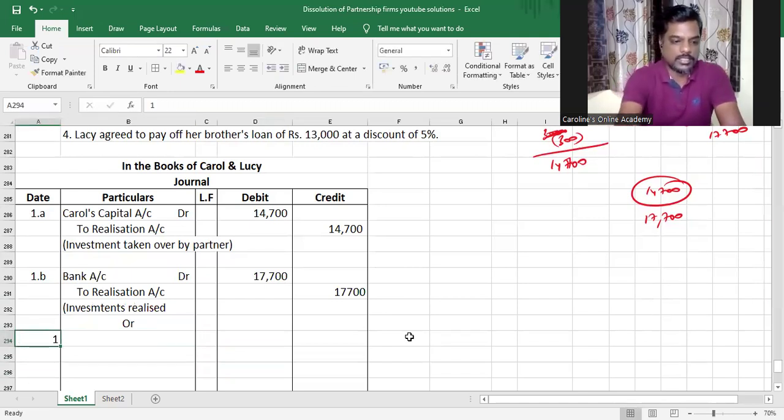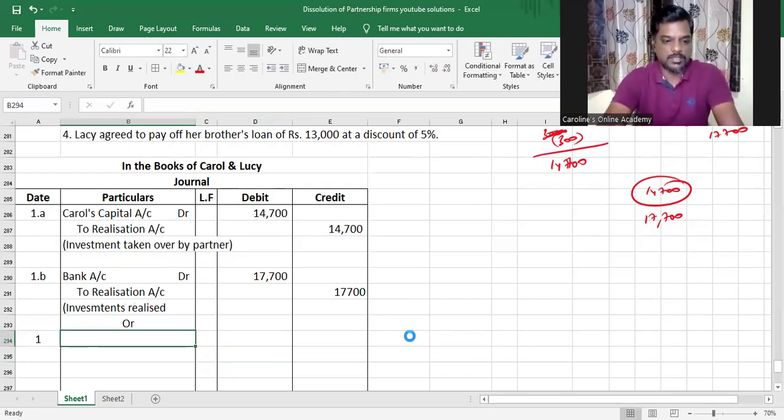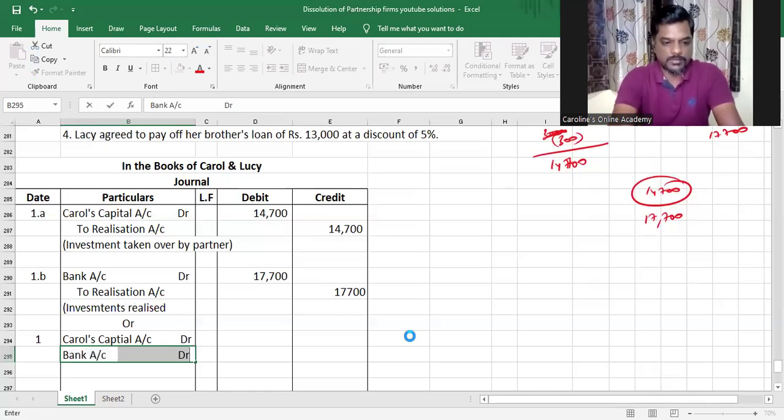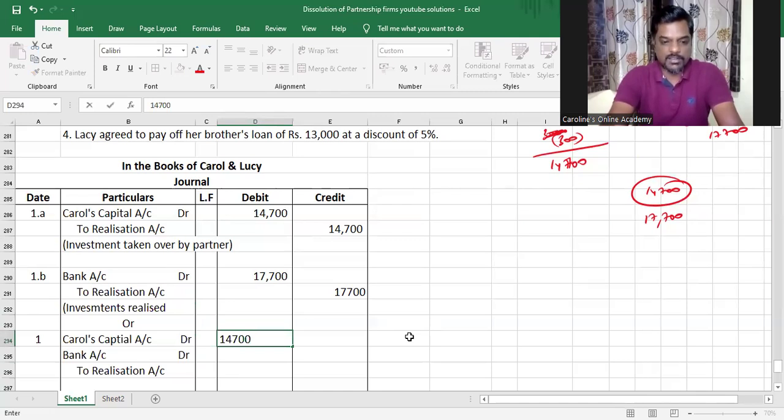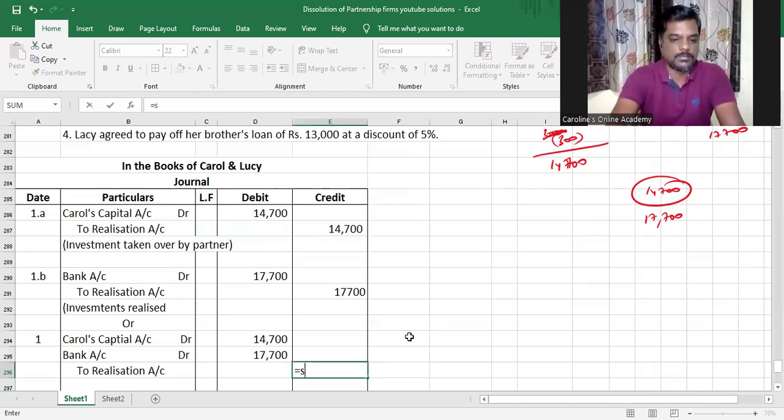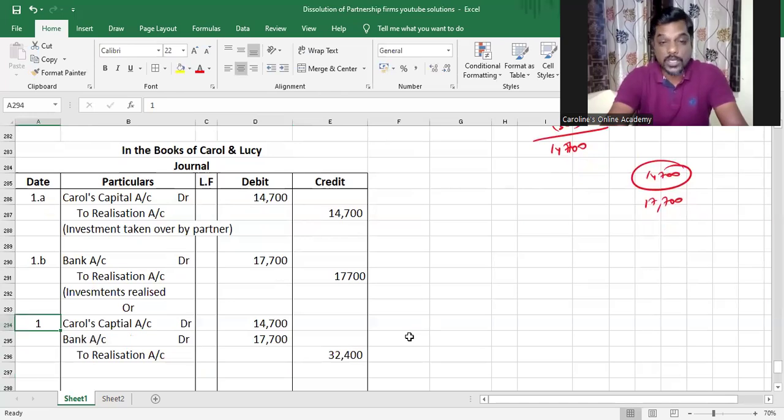It is Carol's capital account debit, bank account debit to realization account. Understood or not, my dear children? So 14,700, 17,700, and then you add them to arrive at 32,400. You can pass this one journal entry or you can pass the two journal entries as I told.